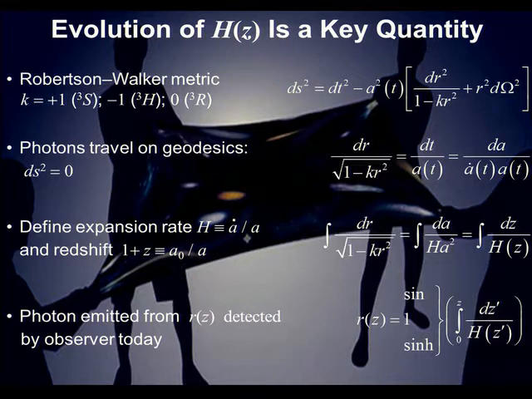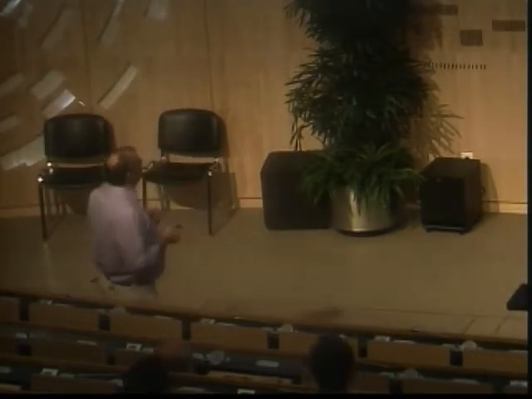The first step is the description of the evolution of the universe in terms of Einstein's equations, which involve a metric. And this is the metric for a space that is homogeneous and isotropic. If the universe is described by a homogeneous isotropic cosmological model, there is only one dynamical degree of freedom, and that is the scale factor that describes how the universe expands.